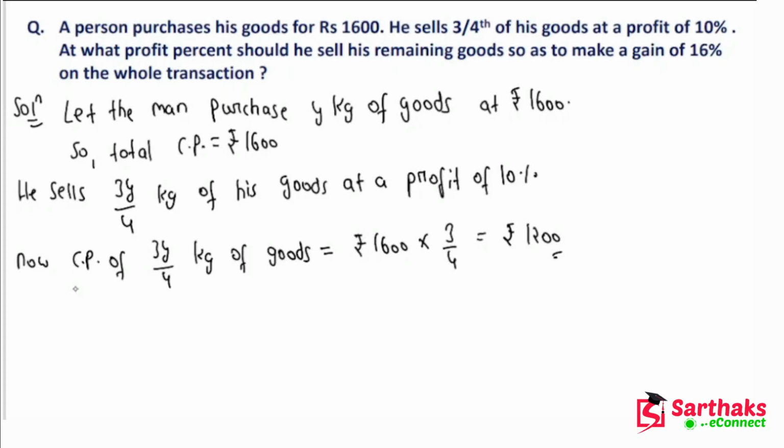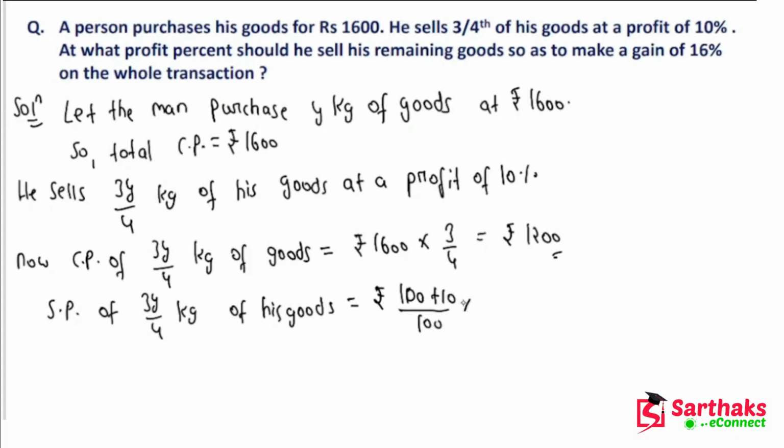The selling price of 3y/4 kg of his goods is rupees 100 plus gain percent, that is 10 upon 100 into CP.